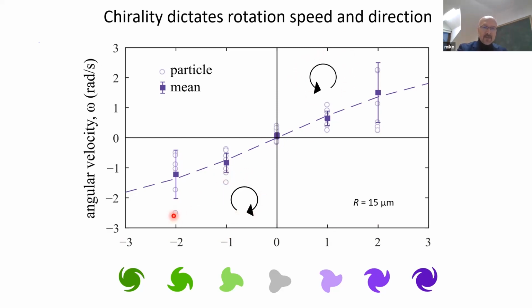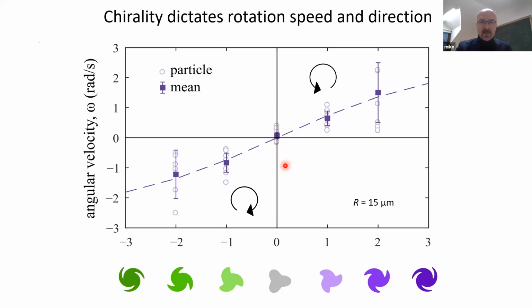The different symbols correspond to different particles, and the solid circles are the mean. This result is not very surprising. You have a chiral object under driving by the acoustic pressure, so you would expect this. And a particle which is chirally neutral would not exhibit any motion.